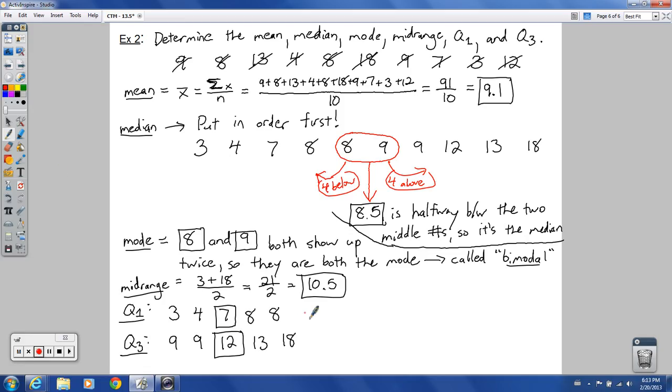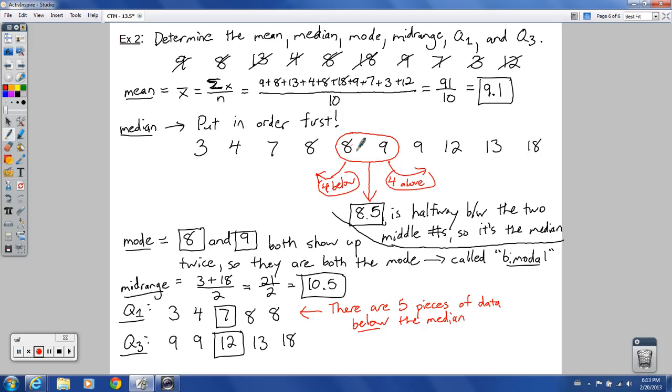One more, same sort of note. Let's write this down in a different color. So we already said this, but there are 5 pieces of data below the median in this case.